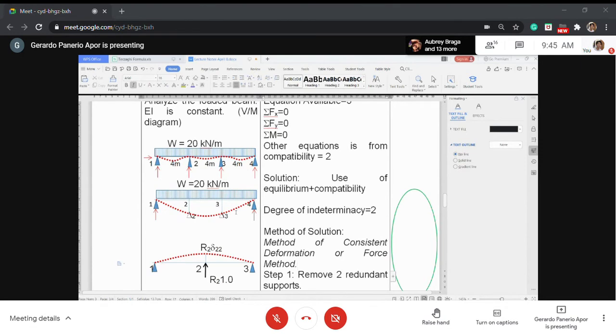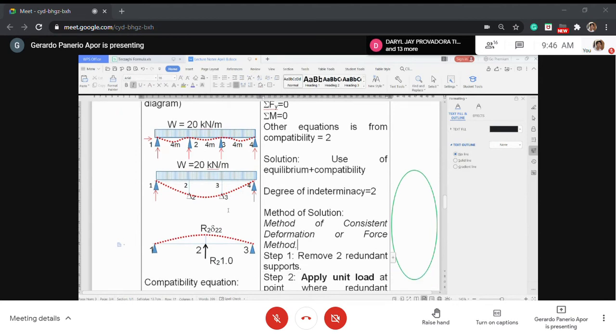Okay. So next, you are going to apply a unit load at the points where the reactions are removed. There are two reactions that are being removed at this time. So you are going to apply a unit load on those 2 points one by one, not simultaneously, but one by one.